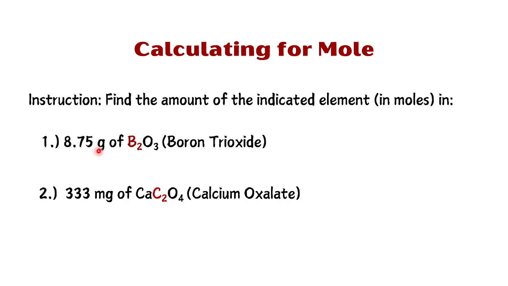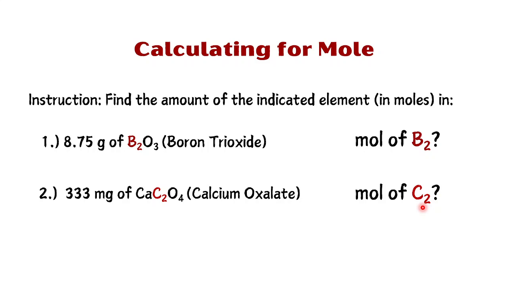But in this case, we are instructed to determine the number of moles of this specific element here. Like in the case for number 1, we need to look at the mole for boron. Then for number 2, we need to look at the mole for carbon dioxide.